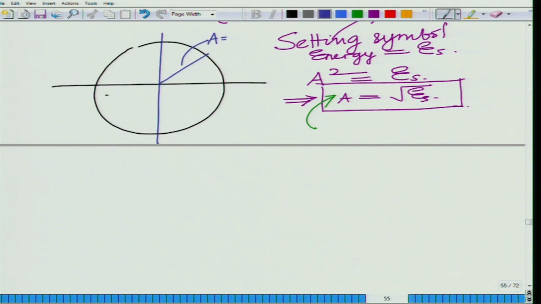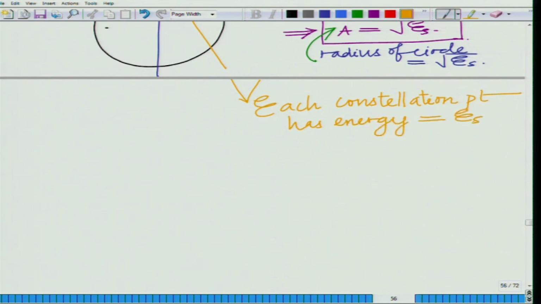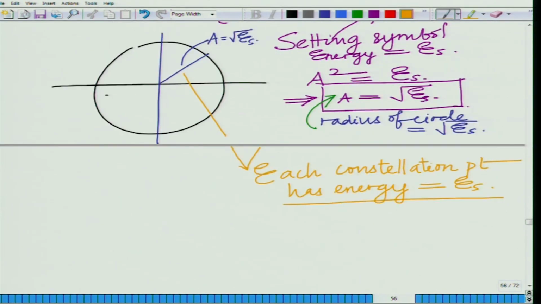So A equal to square root of E_s is the radius of the circle, and each constellation point, unlike PAM, has not only average energy but actually energy E_s. Okay, so that is basically your M-ary PSK constellation.